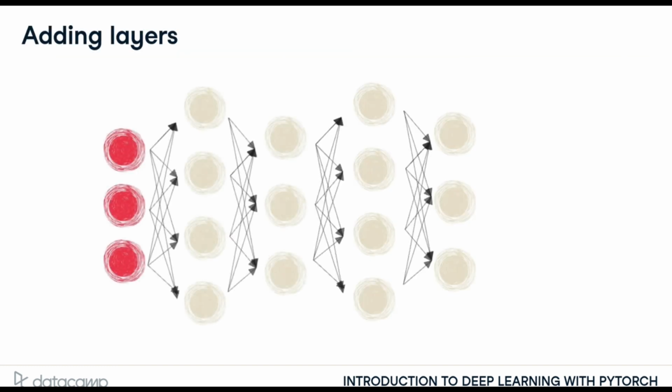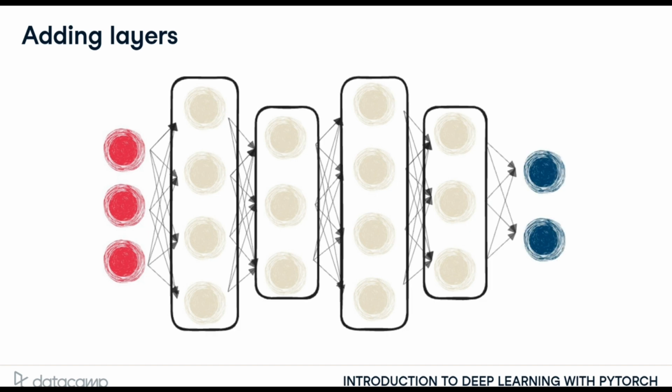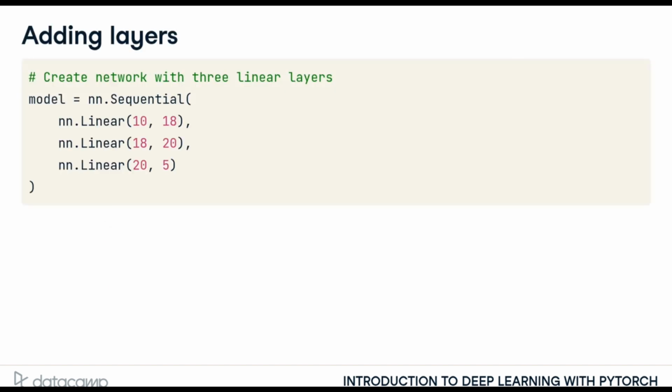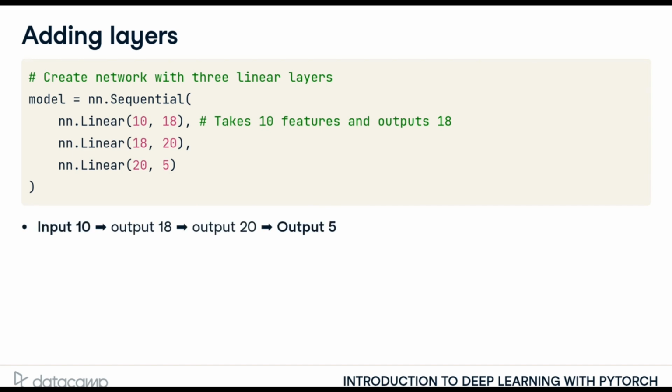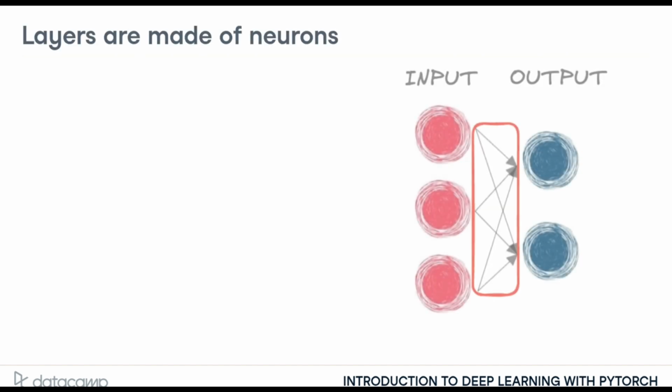We can add as many hidden layers as we like, as long as the input dimension of each layer matches the output dimension of the previous one. In our 3-layer example, the first layer takes 10 features and outputs 18. The second layer takes 18 and outputs 20. Finally, the third layer takes 20 and outputs 5.